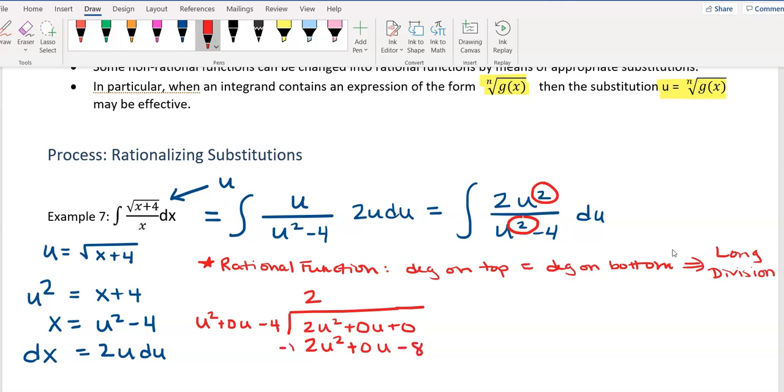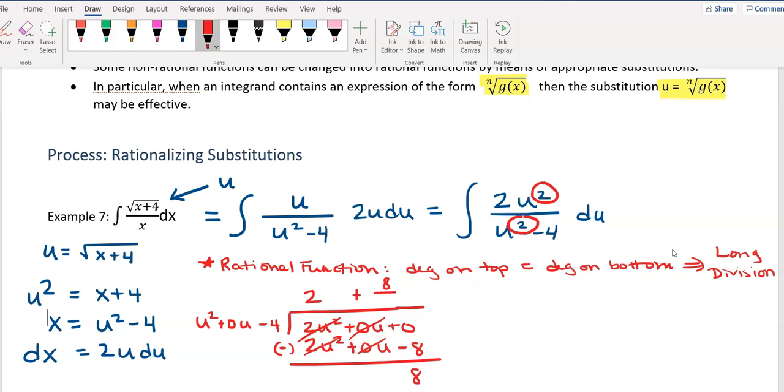So now we're going to subtract like you would in any long division question. The u squared will cancel out. The 0u minus 0u, of course, would cancel out. And then we have 0 minus a negative 8, which is really just a positive 8. So I have a remainder of positive 8.